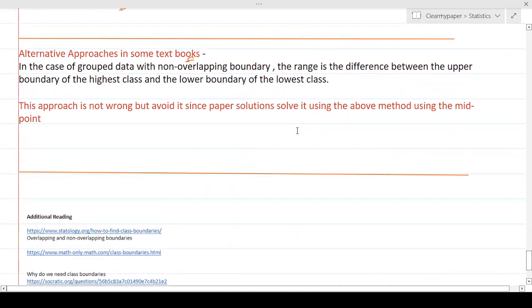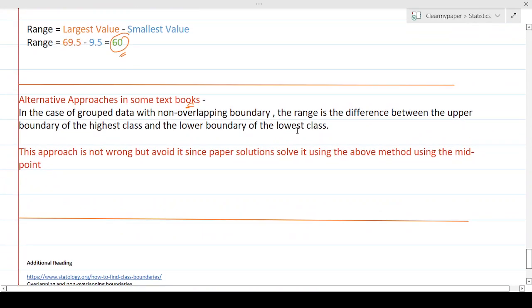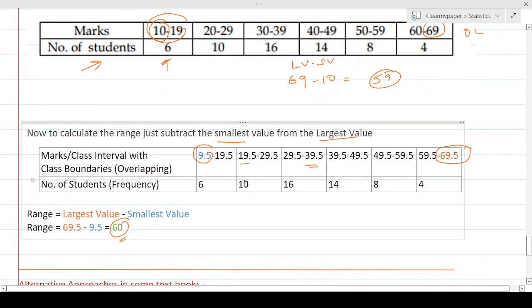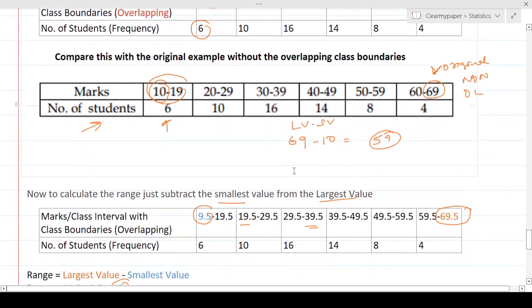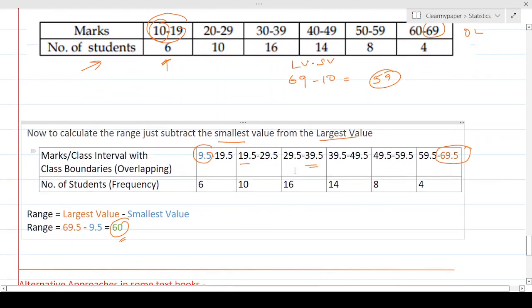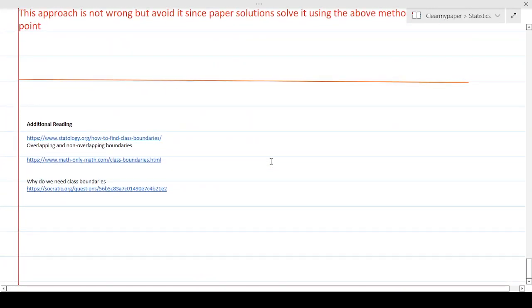But I will try to avoid that, because when I saw the paper solutions prescribed by the examination board, they normally follow the method that I spoke about, calculating the midpoint. So I will say avoid this if you're going to just go by the textbooks. If you're getting grouped data and it's a mean, then calculate using the midpoint formula within that range.